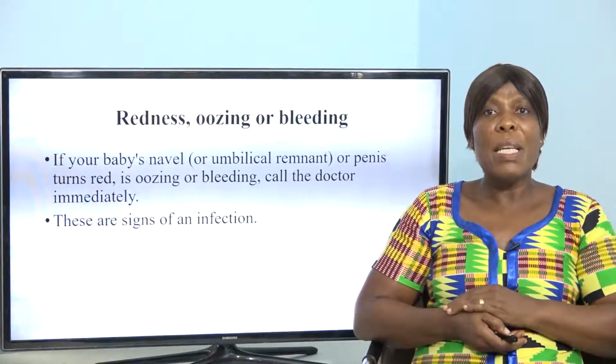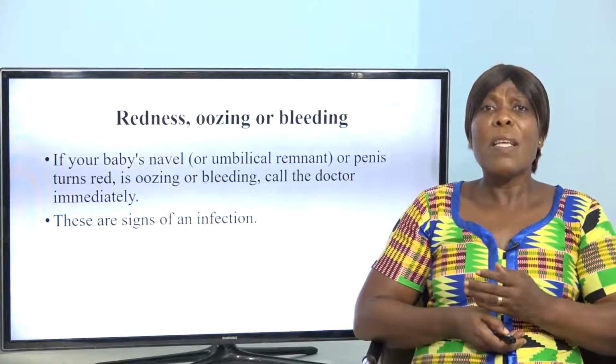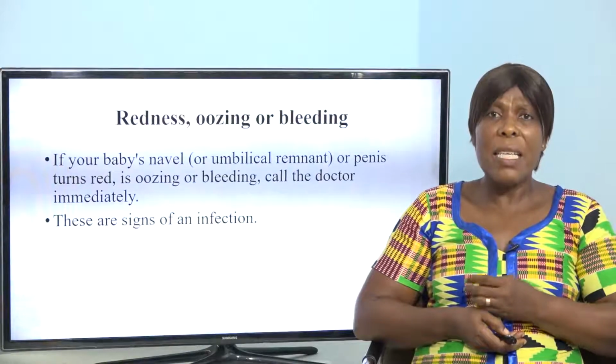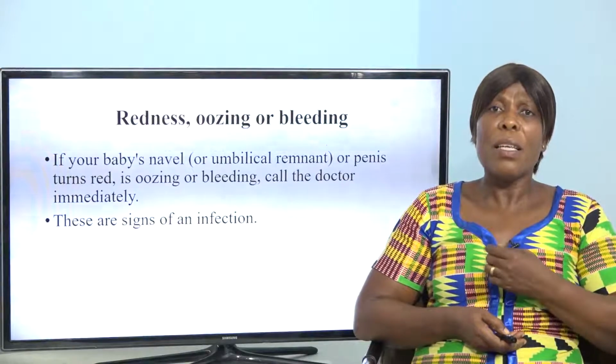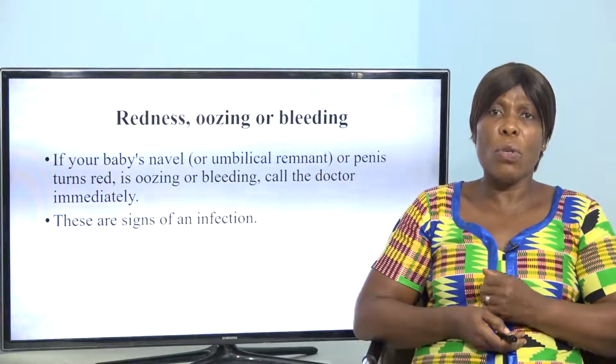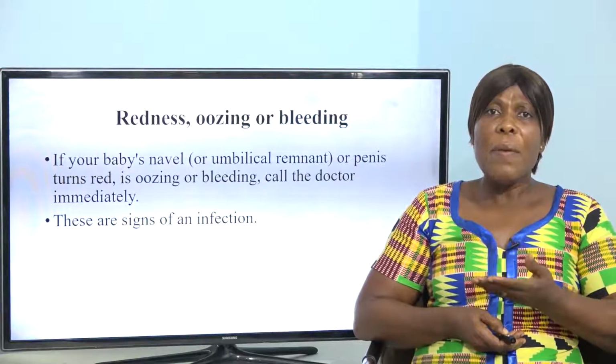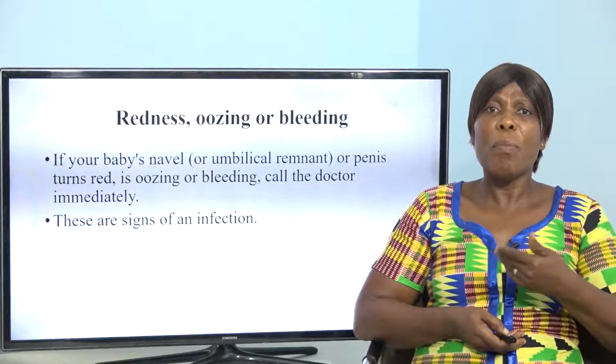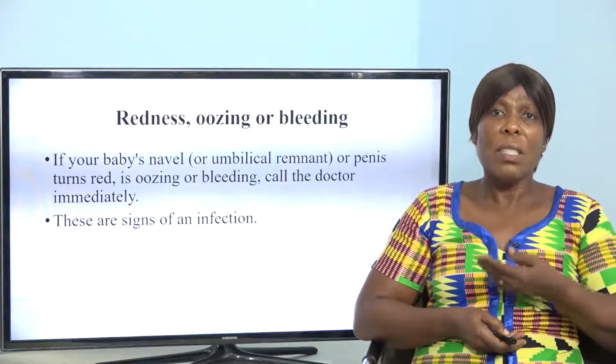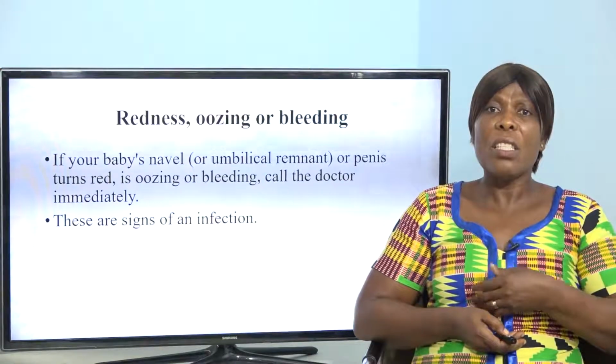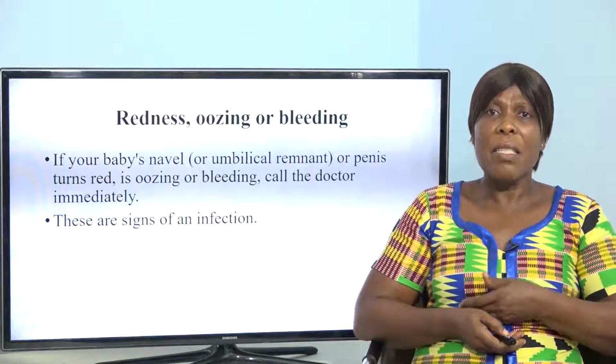Redness, oozing, and bleeding. Because the baby's skin is very delicate, we also have the umbilical cord. The baby may have bleeding from the umbilical cord, maybe circumcision, or the skin.